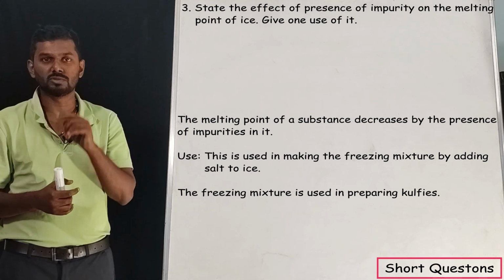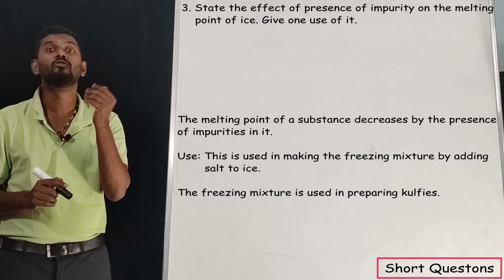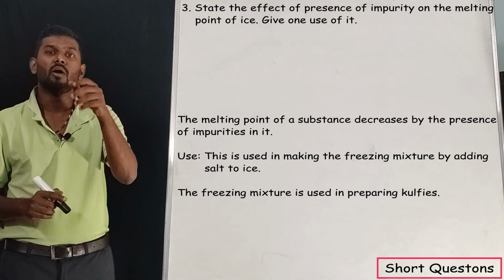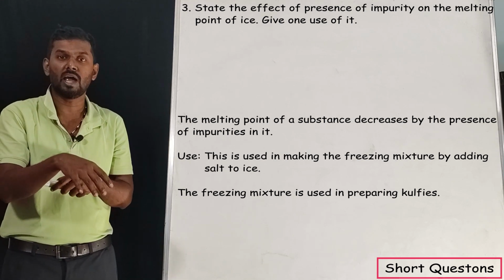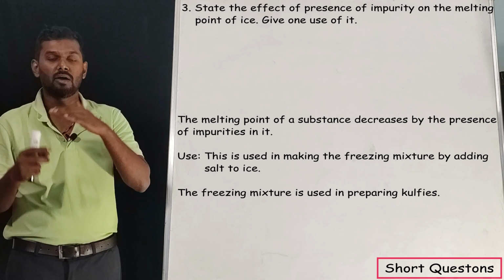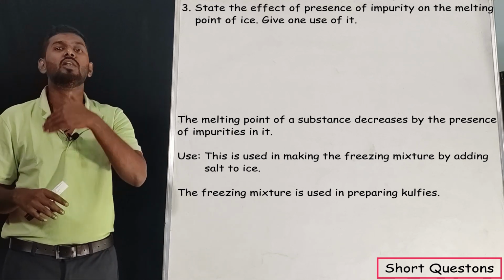And we have to give one use of it. This concept is used in freezing kulfis. You know the kulfi ice, right? Whenever they add ice, they put salt also, so that its melting point decreases and it will stay in the frozen state for a longer time.